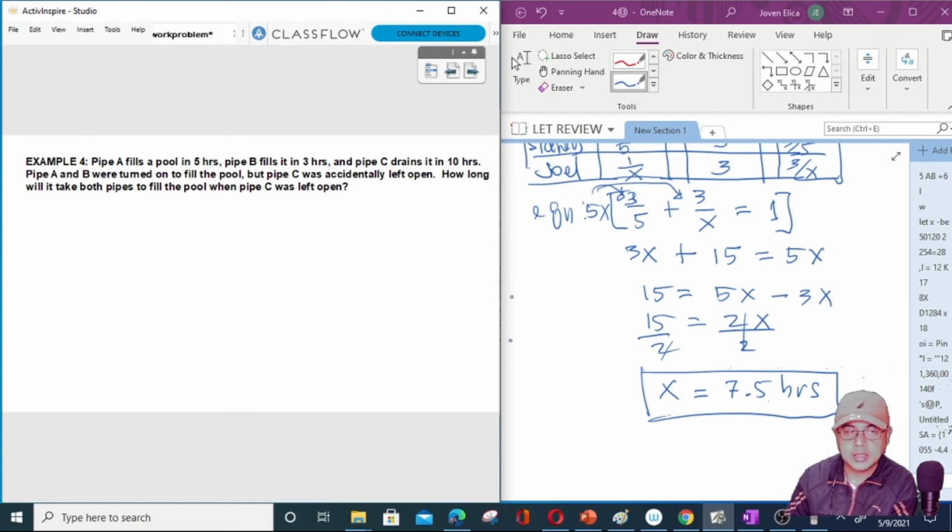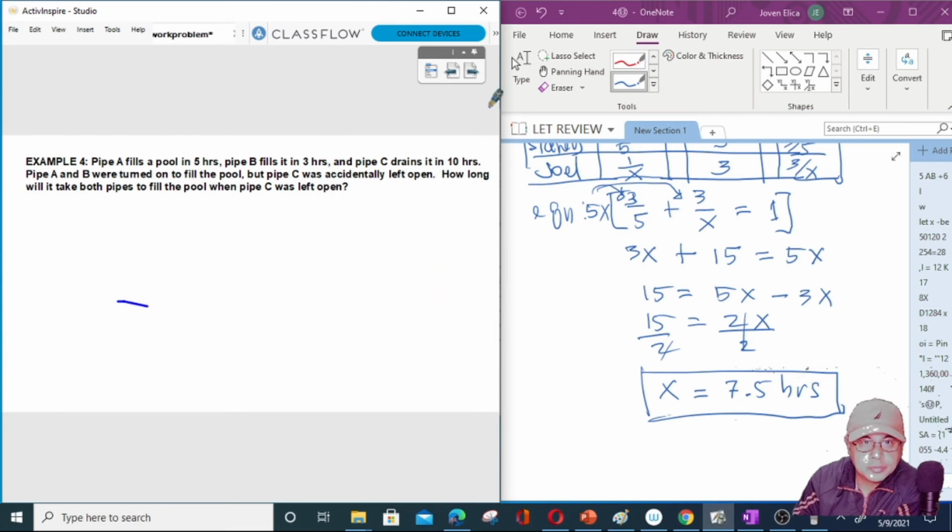That means there's an inlet used to fill the pool, and there is also an outlet that has to be closed so that the pool will be filled. But in this case, they accidentally forgot to close the outlet. That's why it remains open.